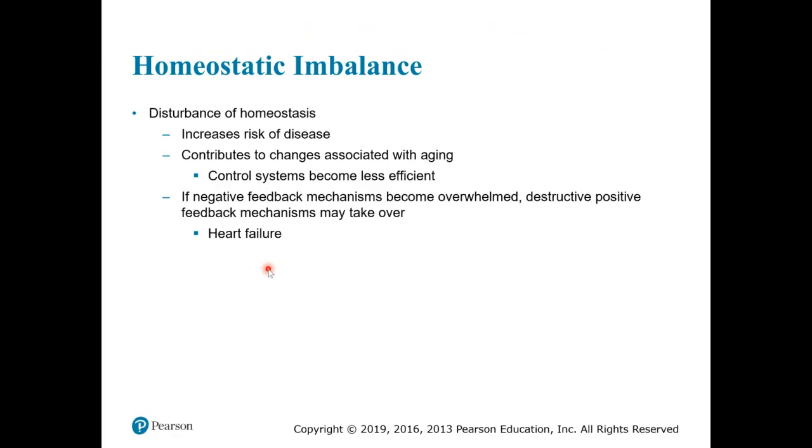That leads to disease, it leads to suffering. Maintaining homeostatic balance is more difficult in our old age. And if the negative feedback mechanisms become overwhelmed, well, bad things happen.